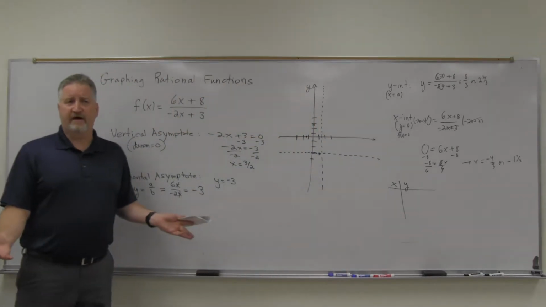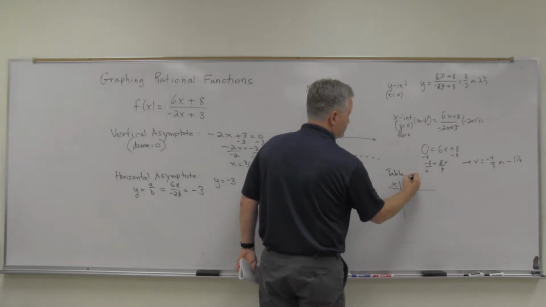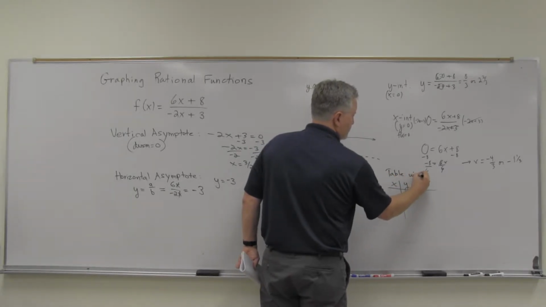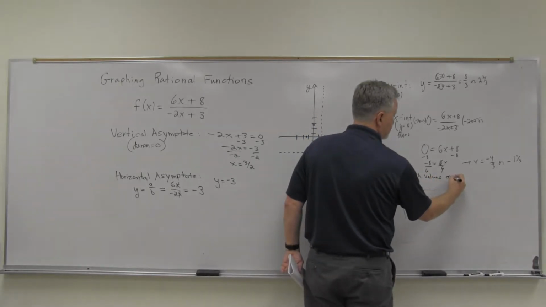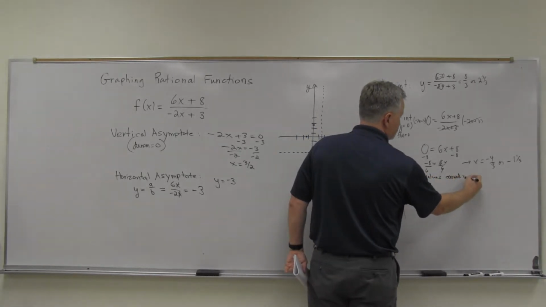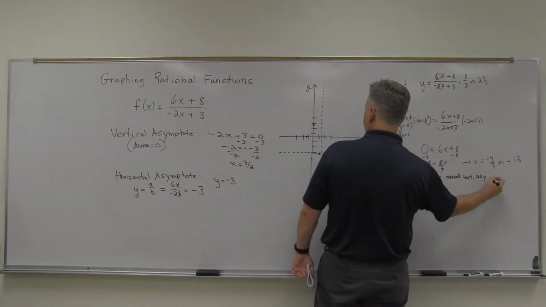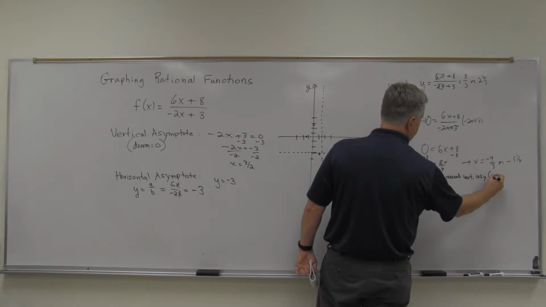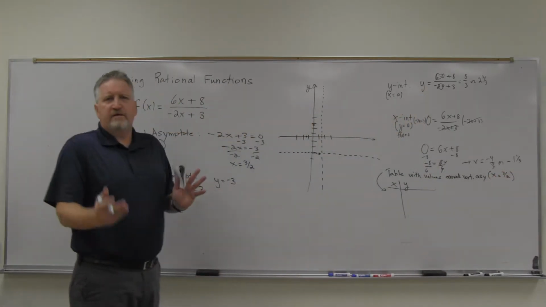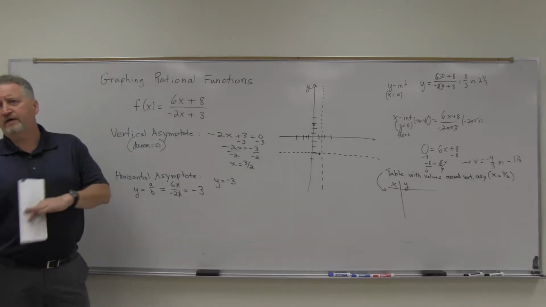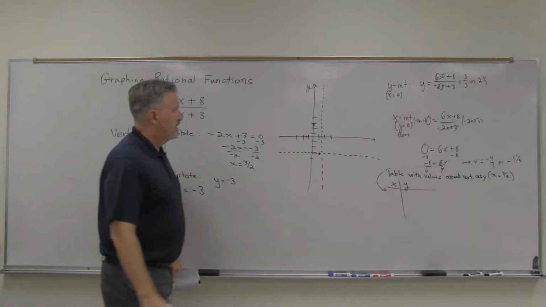Let's just do a table of values with values around the vertical asymptote. Which in this case is x equals 3/2. And so what I mean by that, maybe a couple on the left and a couple on the right. Kind of close, nearby that 3/2.